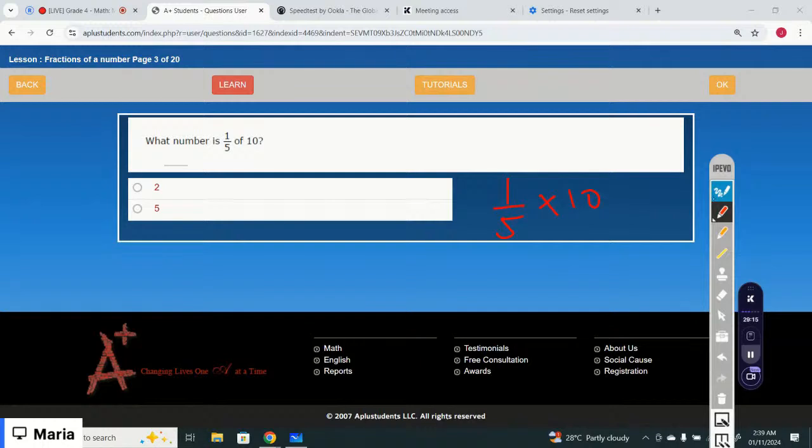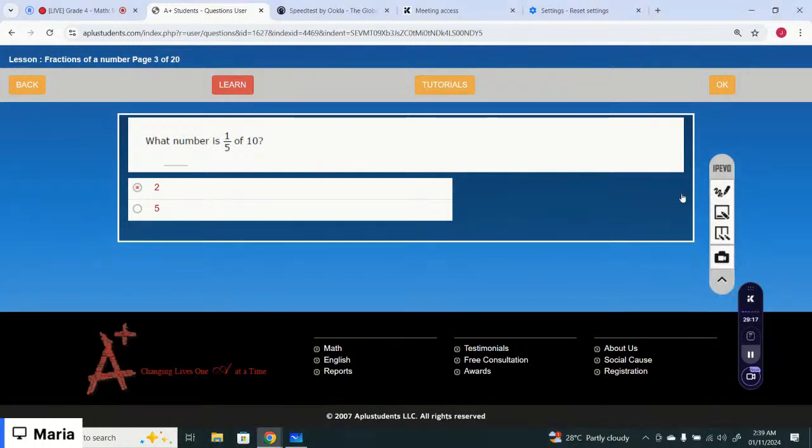That is 2. 10 divided by 5 is 2. Option number 1 is the correct option.